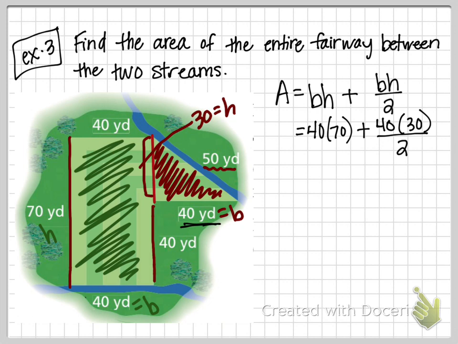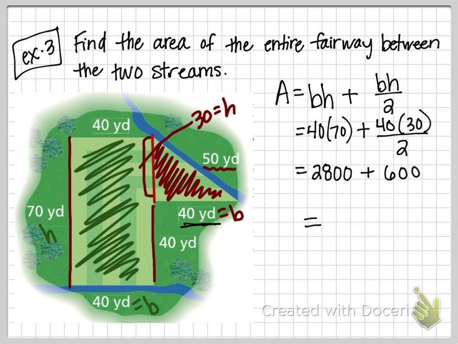Now we just find the area of that whole fairway by doing the math. 40 times 70 is 2,800. 4 times 7 is 28, so 2,800. And then 40 times 30. 4 times 3 is 12, so 1,200. Divided by 2 is 600.